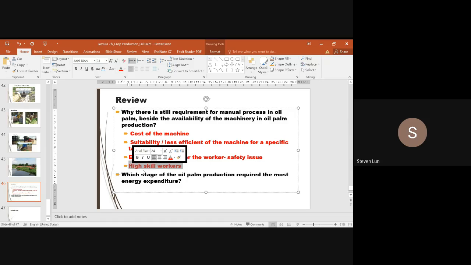How about excessive fuel consumption? Sorry, repeat again. Excessive fuel consumption. Maybe under this one.